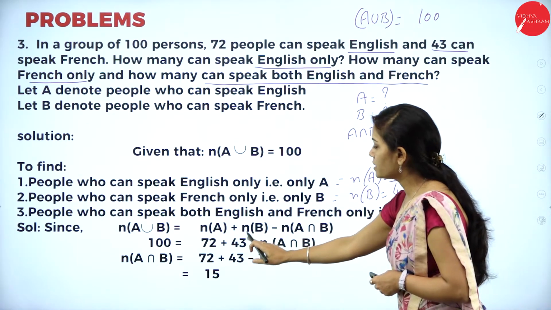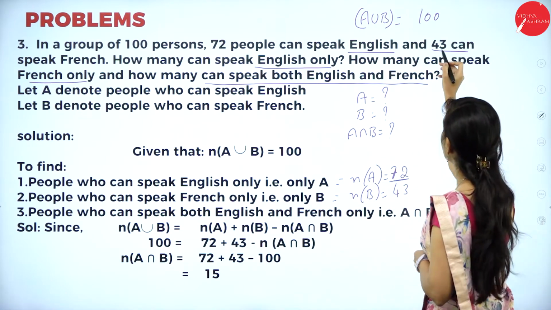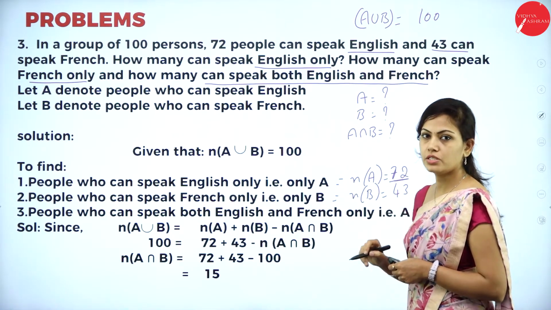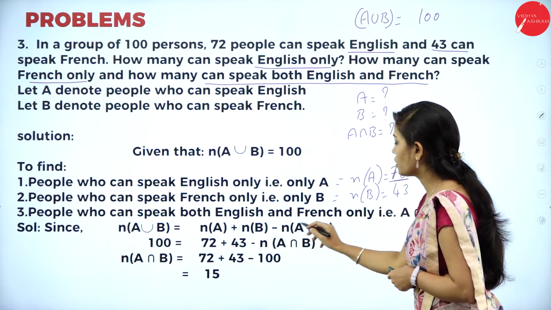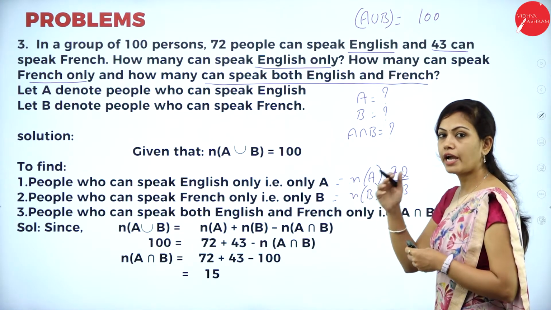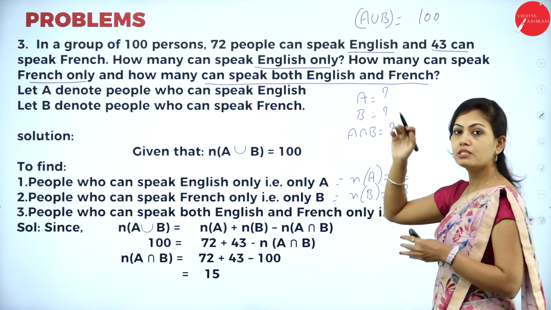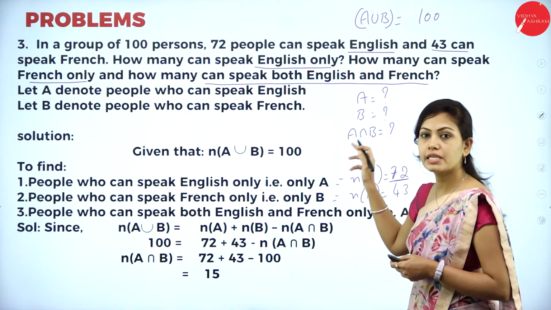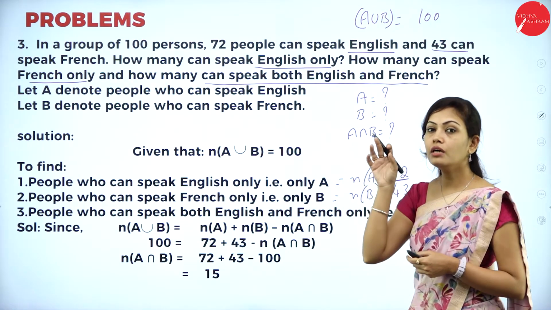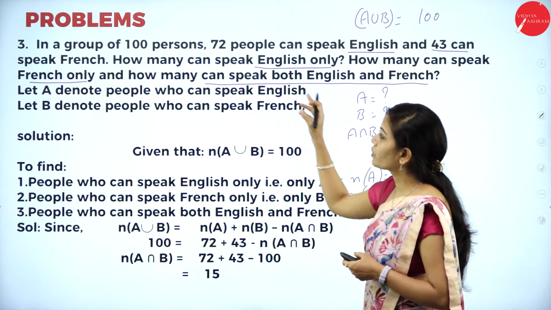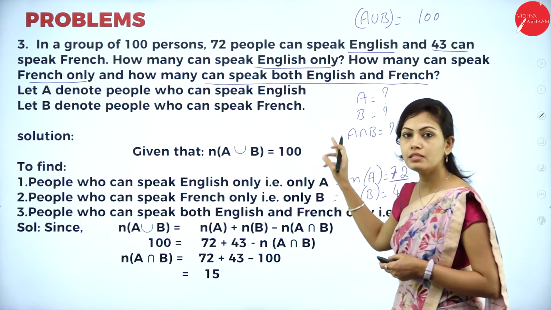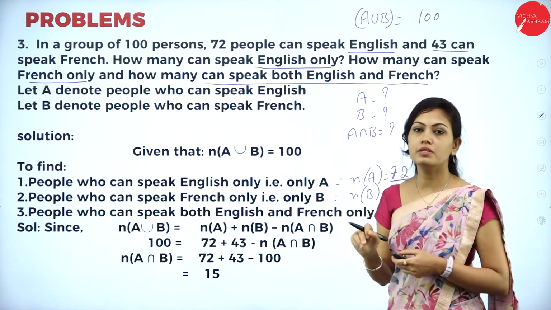And N of B is equal to 43, that is 43 can speak French, and minus N of A intersection B, that we have to find out. How many can speak both English and French? So we have to find A intersection B, the common people who can speak both English and French out of 100 persons.